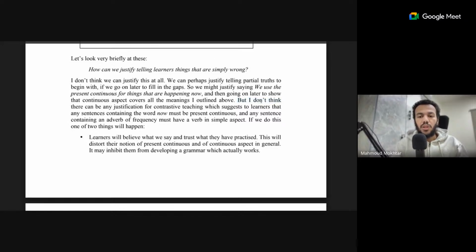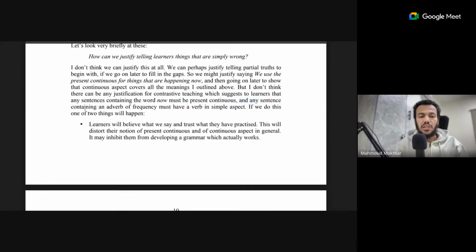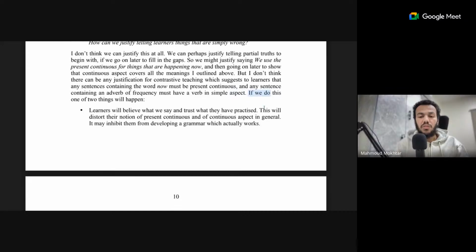But I don't think there can be any justification for transitive teaching, which suggests to learners that any sentence containing the word "now" must be present continuous, and any sentence containing an adverb of frequency must be in the present simple aspect.